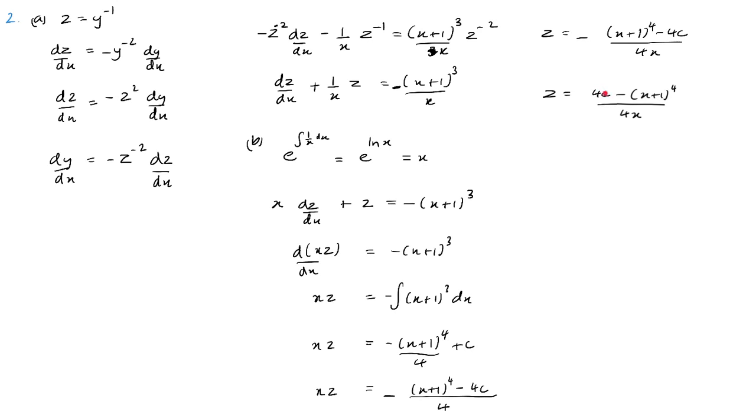And this 4c I could just replace with, say, a k. So let 4c equals k. So I could just have z equals k minus x plus 1 to the power 4 over 4x. It doesn't really matter. Now, z is 1 over y.